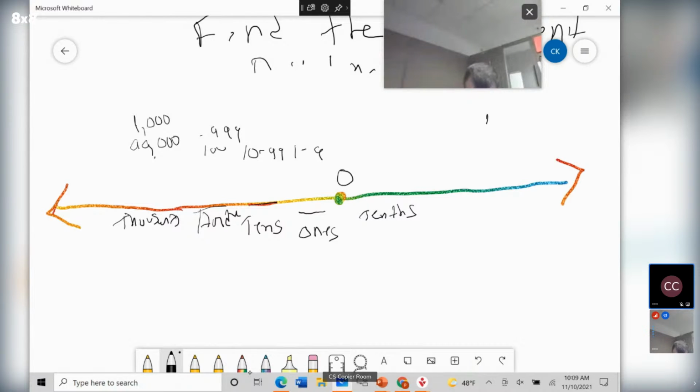And the next place we have is the hundredths. Hundredths, it's T-H-S. And then the next place would be the thousandths.